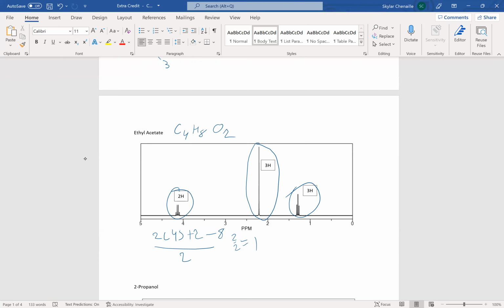So this correlates to a carbon that is next to another carbon with a CH3. This singlet is a carbon that is next to nothing, or a carbon that's next to another carbon with no hydrogens attached. So this is most likely the one that's making a double bond if we had to bet here. And then our triplet, this is our CH2. So we know we have to have each of those, right?